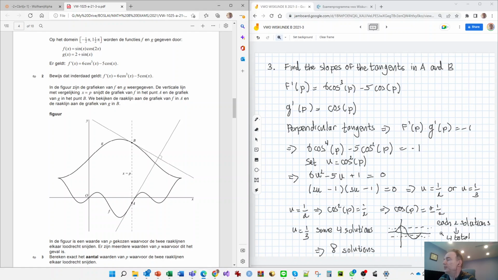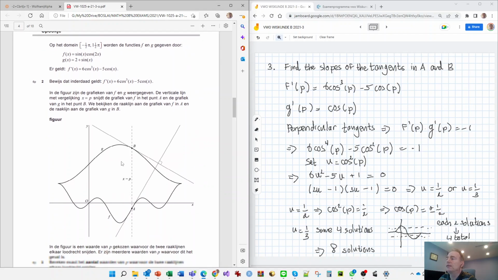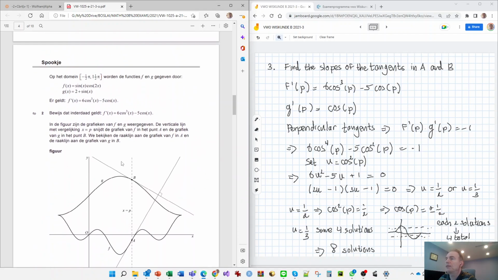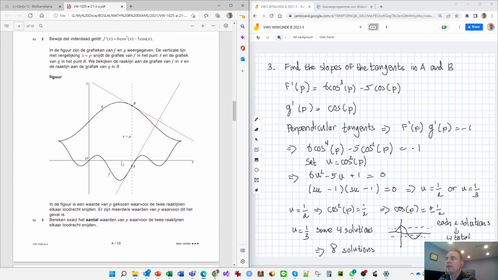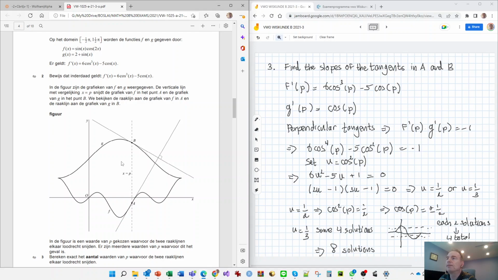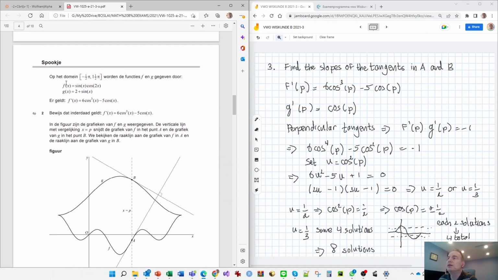function with, say, p on the x-axis here, and let's see, p, let me see.